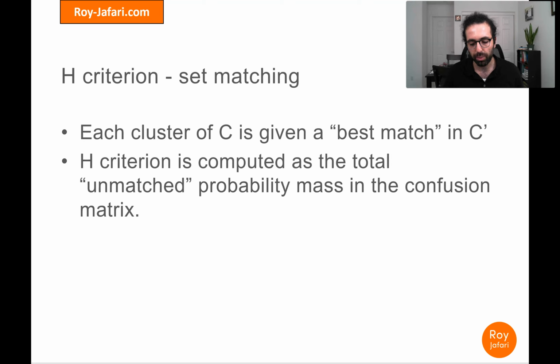Basically, the way it works is it assigns a best match. For each of the clusters in the clustering that has the lower number of clusters, we ask what is the best match, for C'1 from C1, C2 and C3, and then calculate the number of data objects that were not matched. So let's see this example.